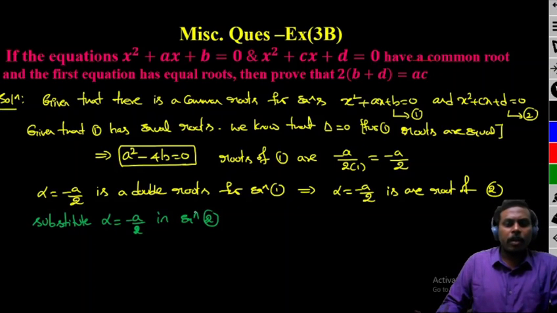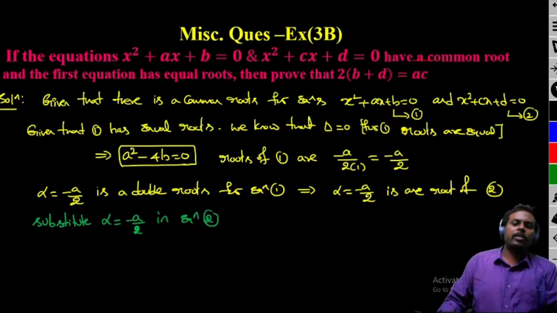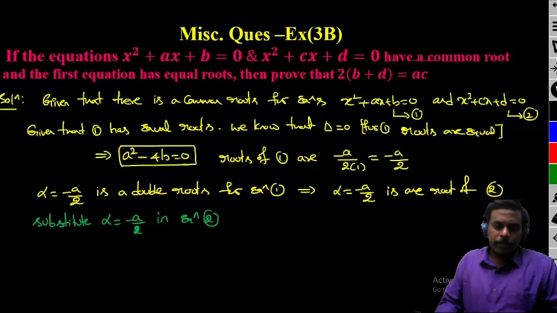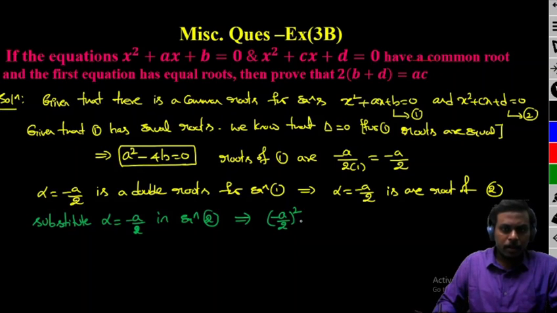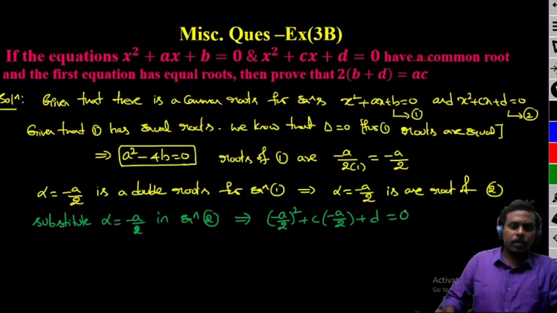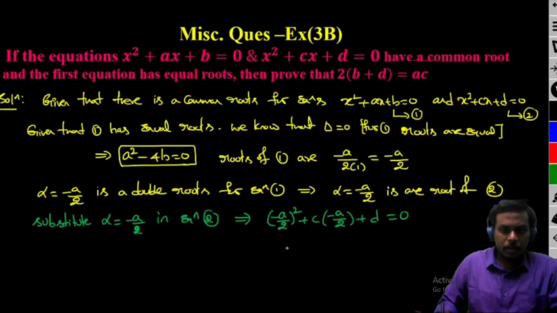Why are we substituting? Because just now we have seen that alpha is equal to minus a by 2 is a root of equation 2. So this implies minus a by 2 whole square plus c into minus a by 2 plus d must be equal to 0, as it is a root.